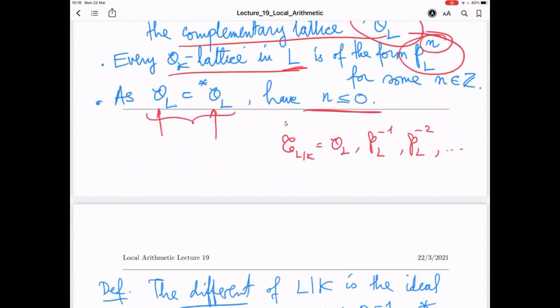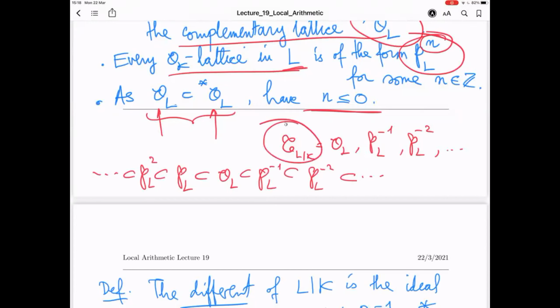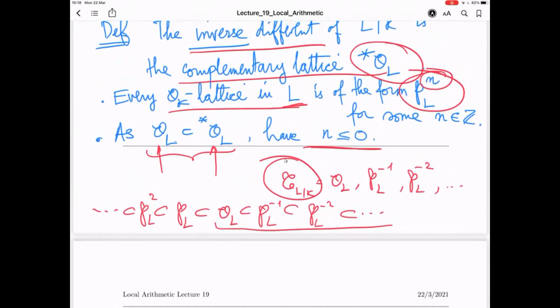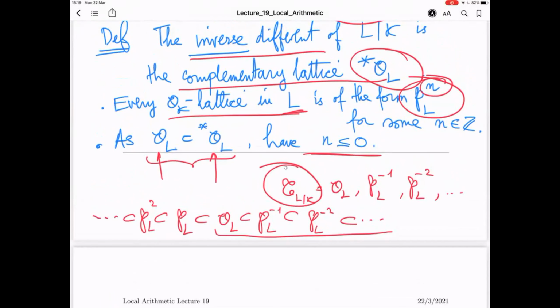The OK lattices in L are these ones on this side, and you have then PL inverse, PL to the -2, and so on. And this CL over K is one of these ones. That is the definition of the inverse different. It is the complementary lattice of the lattice OL.